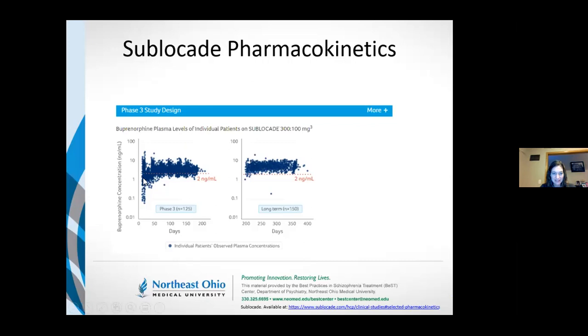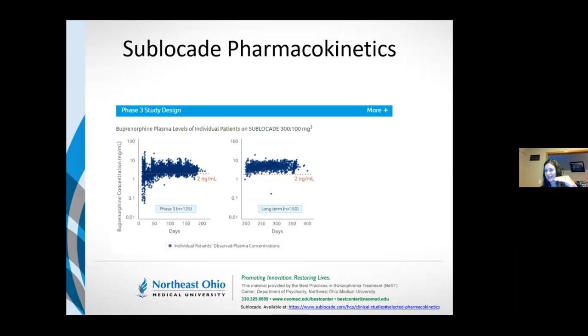As you can see, even early in therapy, it may take some time for patients to get up to that 2 nanogram level. But once they're on those monthly injections, there tend to be patients that stay right down there. There was not a subgroup analysis done, but there likely are going to be a handful of those patients that are running right along there.